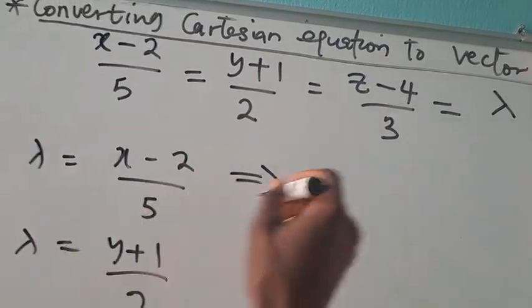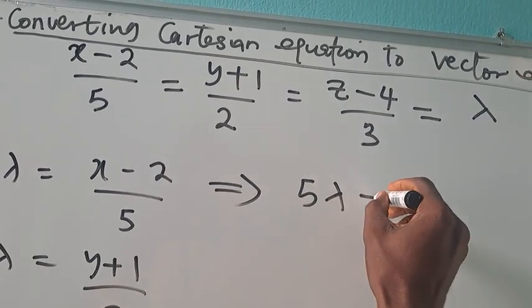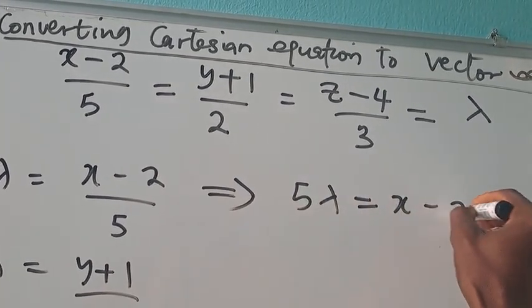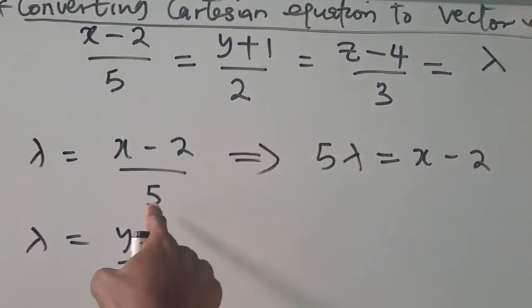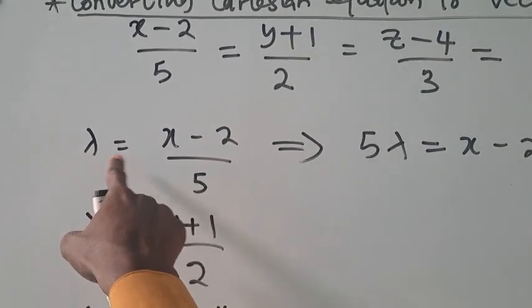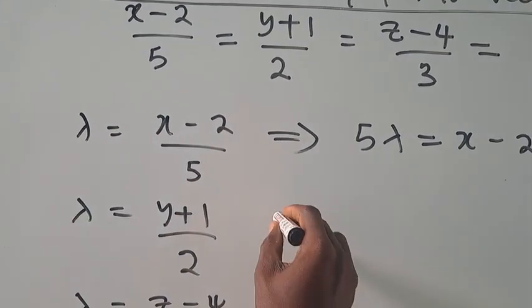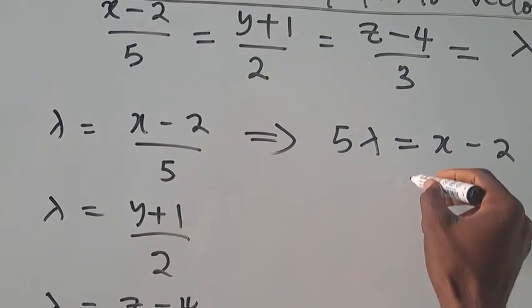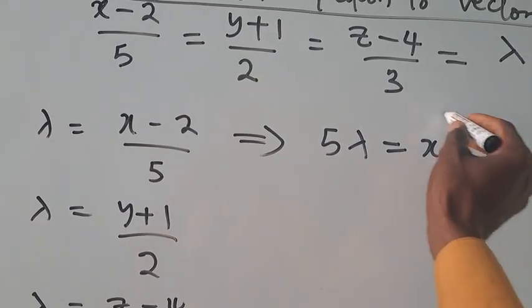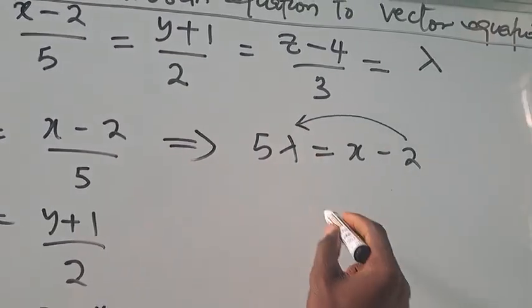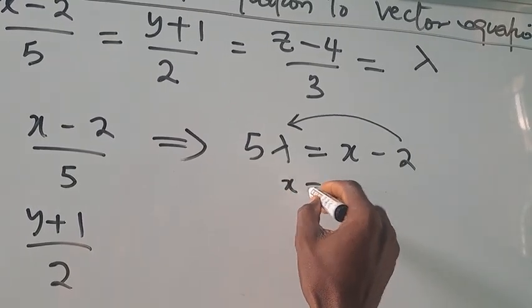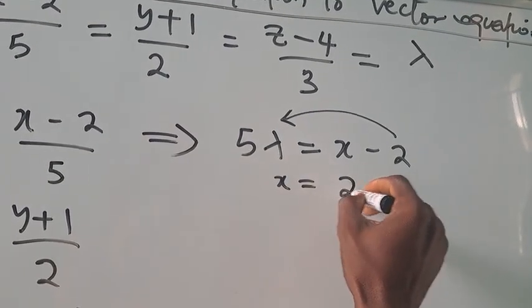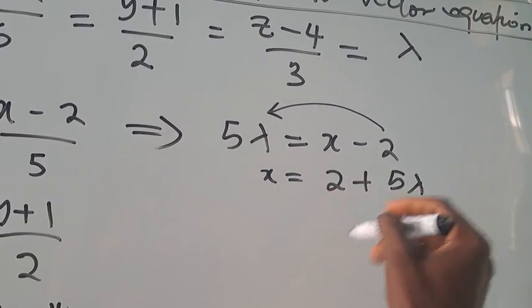So we have here 5 lambda is equal to x minus 2. That is 5 times lambda equal to x minus 2. When you simplify, making x the subject, x is now equal to 2 plus 5 lambda.